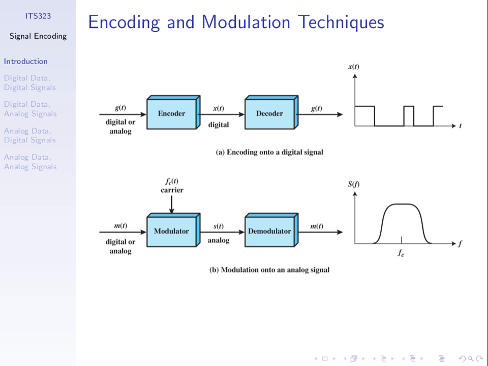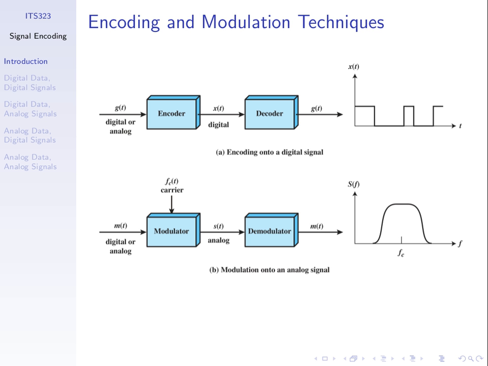With digital signaling, when we transmit a digital signal, here's our source, we have some data. That data can be either digital or analog. If we want to transmit a digital signal, we use an encoder. We encode the data into a digital signal, a set of pulses, and transmit that signal from the source to the destination.